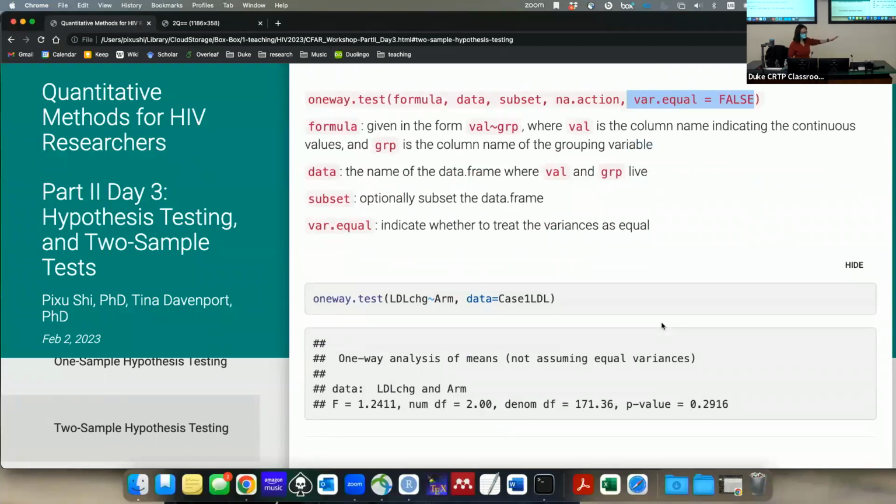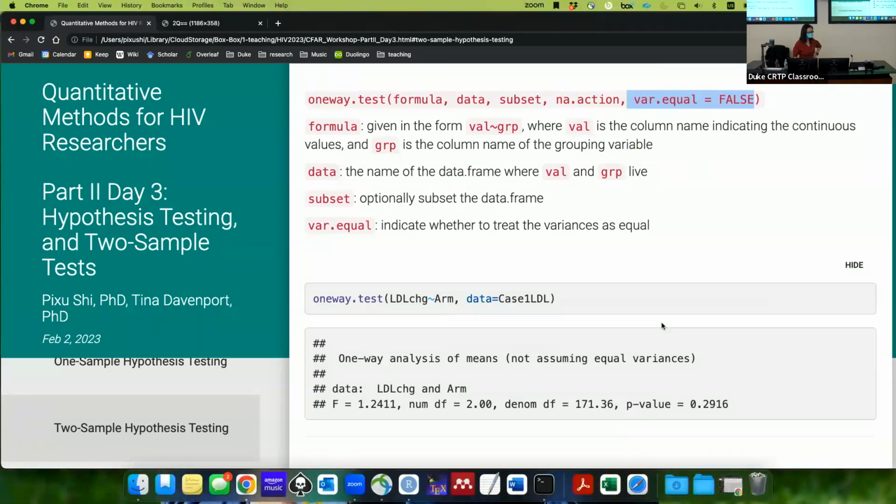So when you have a non-rejection with the 2 sample t-test, don't think that you can get another p-value by doing one-way ANOVA. You will not get that luck. They are just the same test. They have the same assumption. It's just 2 ways to construct the test statistic, but they will have the same p-values.